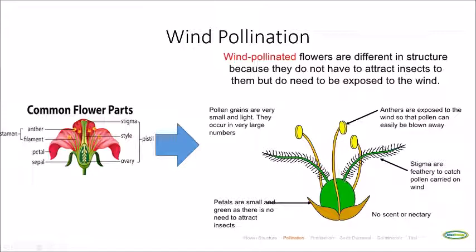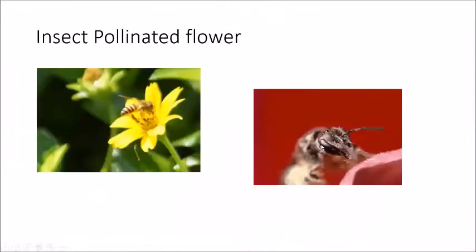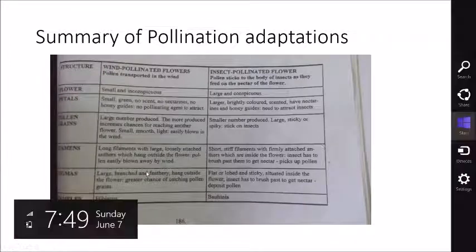The stigma is also very long and feather-like, and it's hanging outside of the flower. The reason why the filaments of the stamens are so long is because it puts the anther that has the pollen grains in contact with the wind, so that whenever the wind blows, the pollen grain is easily blown away.